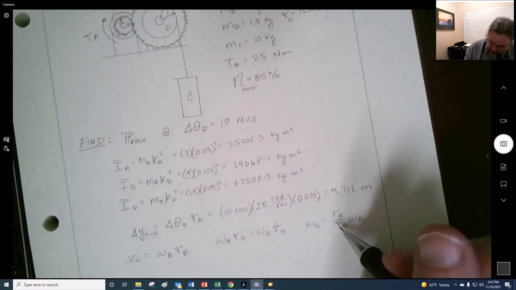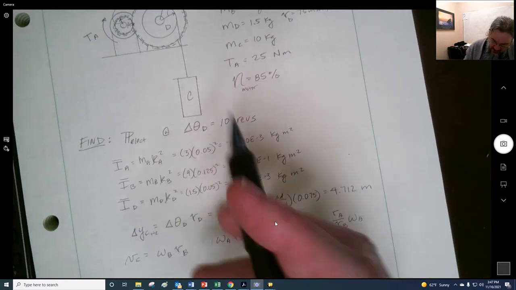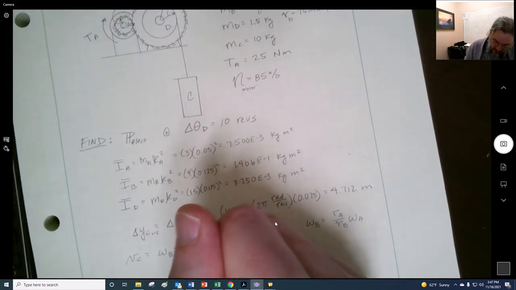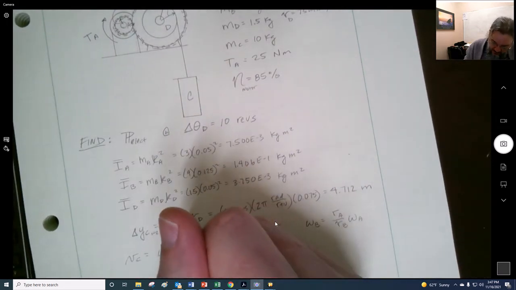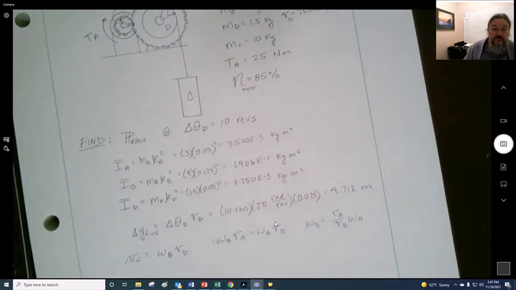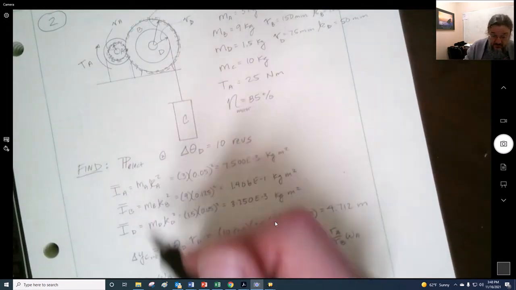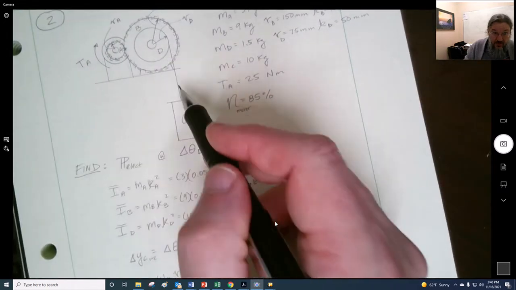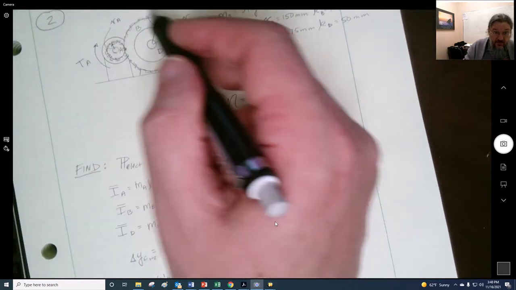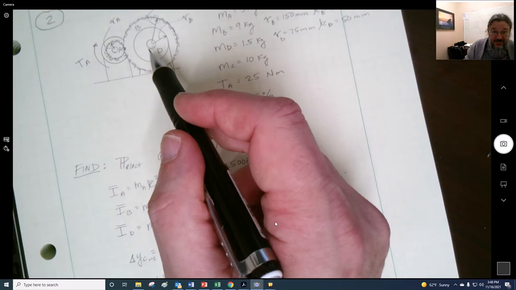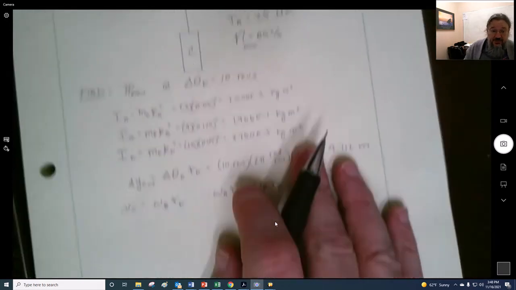Oh, that doesn't make sense. VC, okay, well, that should be RD. That's why. All right, so velocity C is omega B. I don't need to call omega D, since omega D equals omega B, so I could just use those interchangeably.